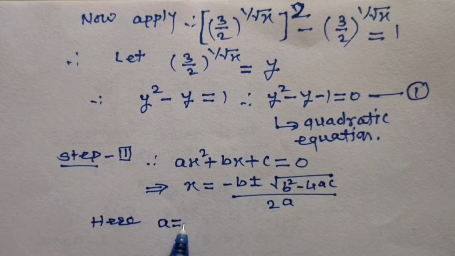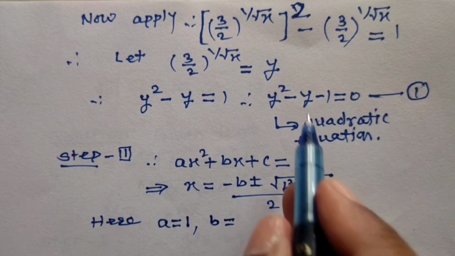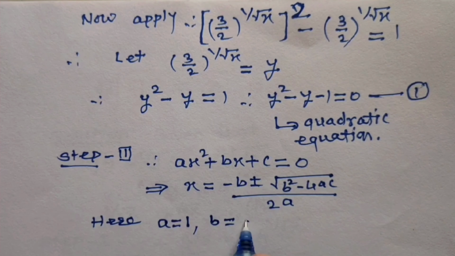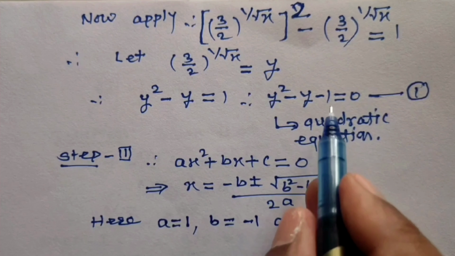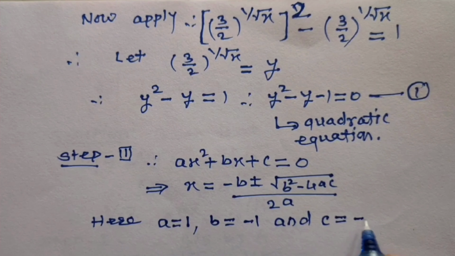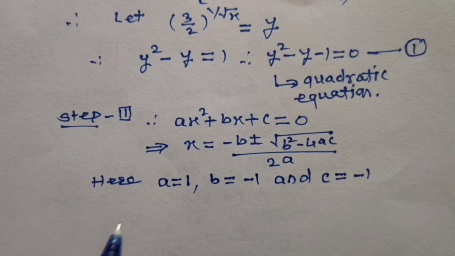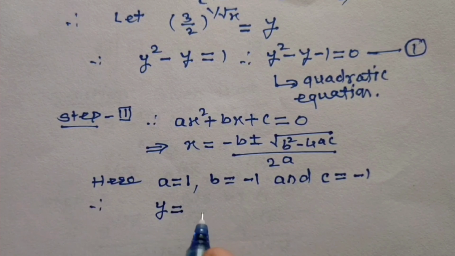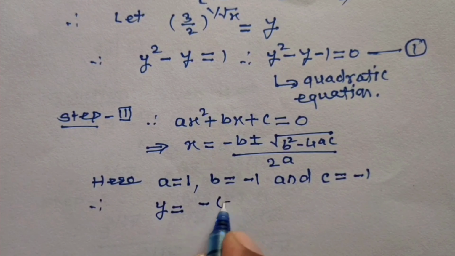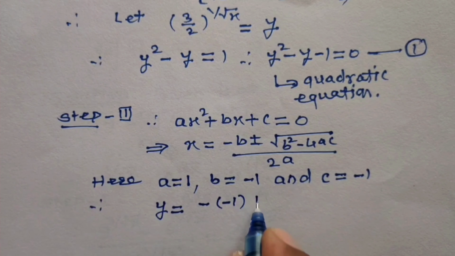Now comparing quadratic equation 1 with this general quadratic equation, the coefficient of y square is 1, hence a is equal to 1. The coefficient of y in equation 1 is minus 1, hence b is equal to minus 1. And the constant term in equation 1 is minus 1, hence c is equal to minus 1.